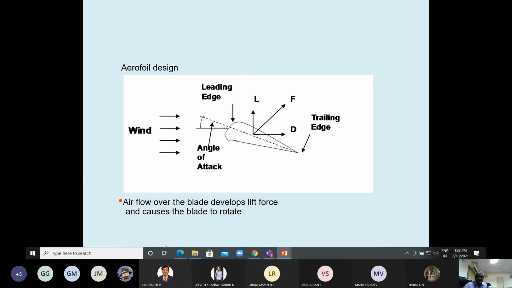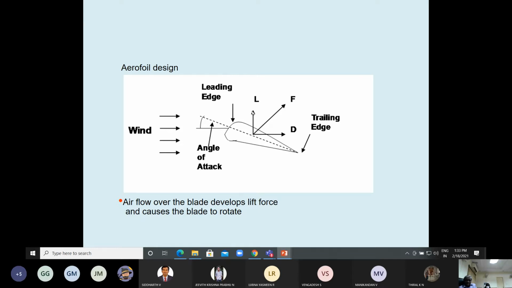So this is aerofoil design. It's another research area. The aerofoil design is very important for the wind turbine blades. Of course, the wind is flowing in this direction, and you find this angle of attack, which we have already seen, and this is the resultant force, this is the drag, and this is the lift.